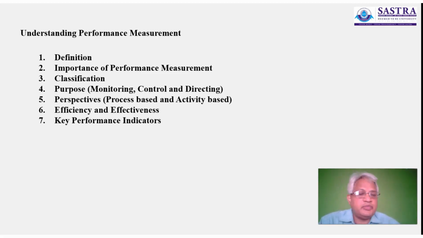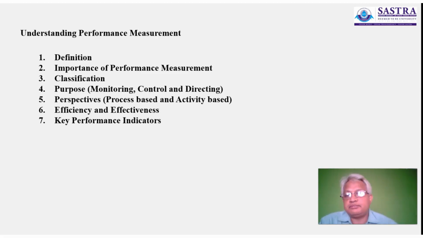And finally, we concluded with what key performance indicators are. I'm sure most of the points covered have been looked into by all of you, and relevant material has been referred to for this purpose.